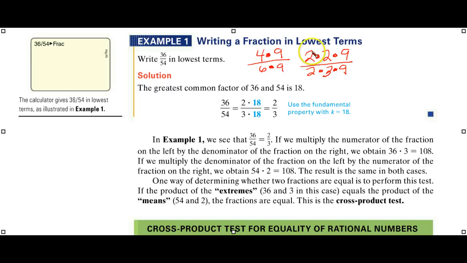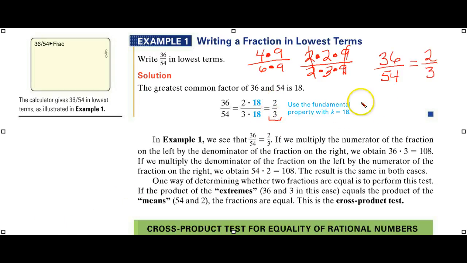And now we see we have 2 sets of 1s, and 2 times 9 is the 18 that they're showing us here. So these would cancel out and make a 1. These would cancel out and make a 1. And you're left then as a simplified answer 2/3.